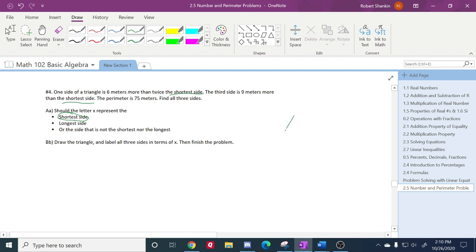Okay, I'm going to draw my triangle. I'm going to put my X, this time it's going to be the shortest.